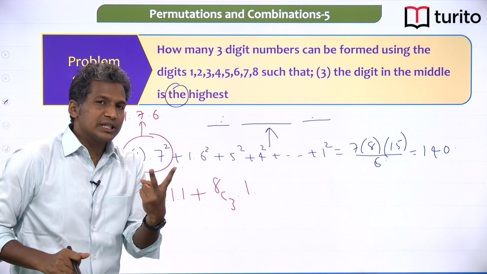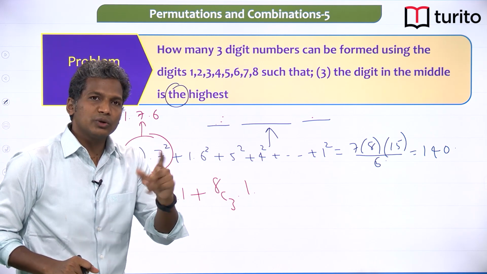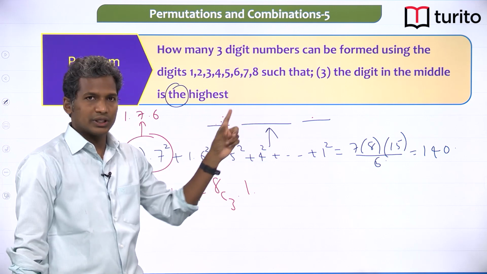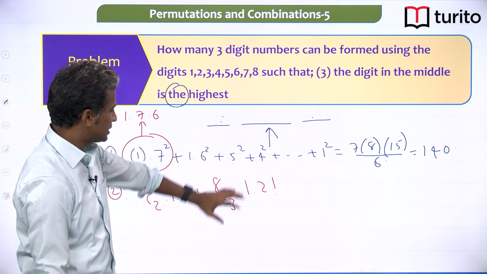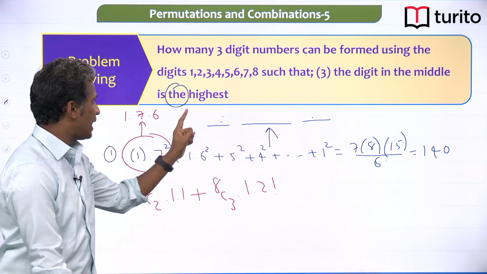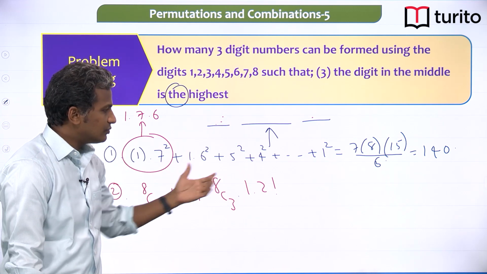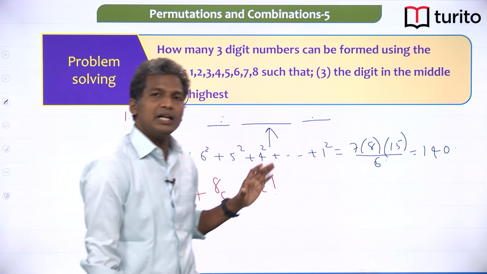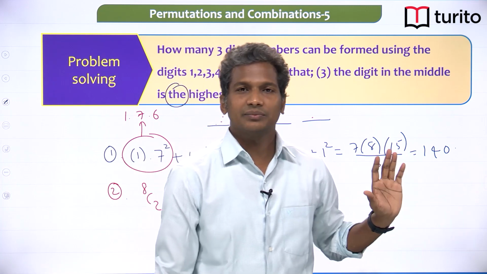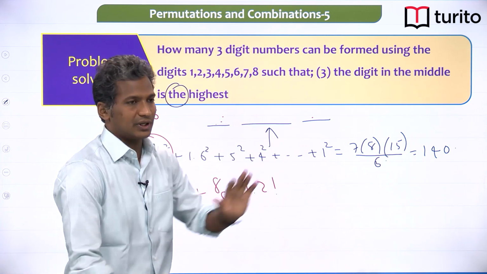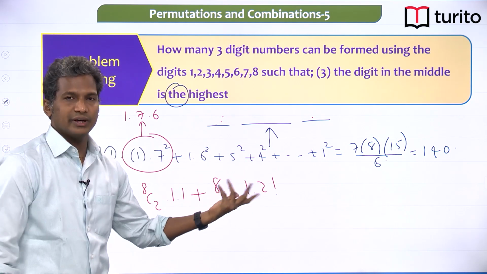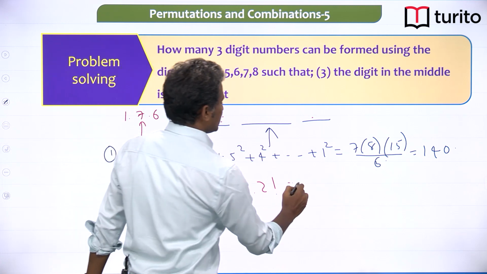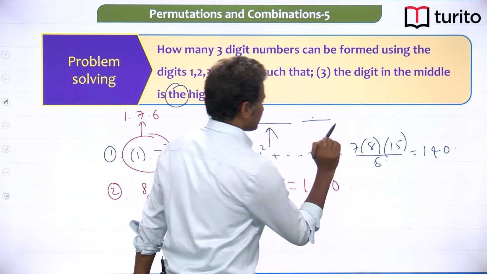And now there are 2 digits remaining, but those 2 can be arranged in the 2 different locations in 2 factorial ways, right. So this is the all different case, and the other is the 2 digits same case. Now when you add these 2, it has to be equal to 140 only. You just calculate it and verify, okay. So of course it has to be 140.